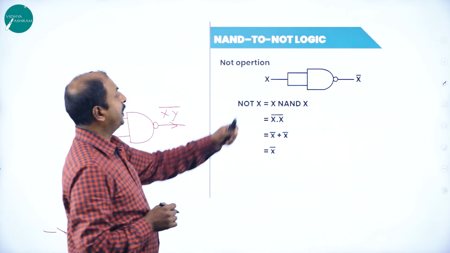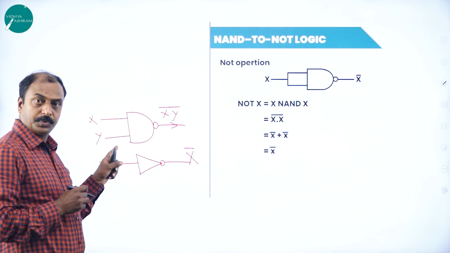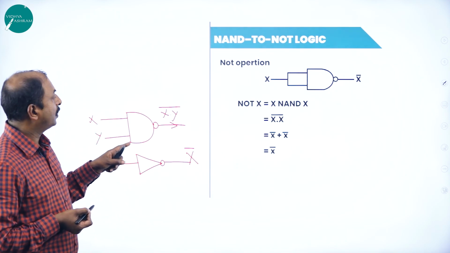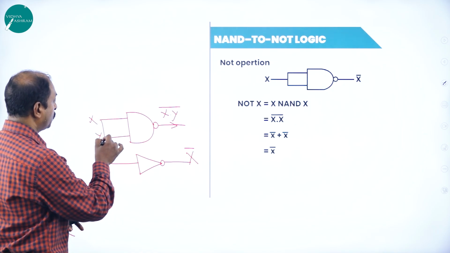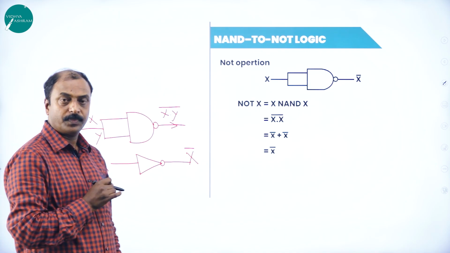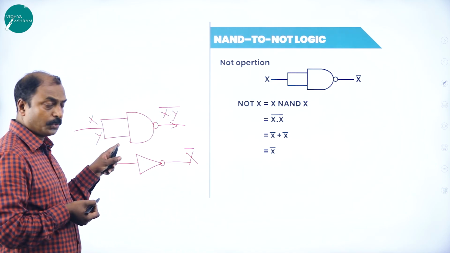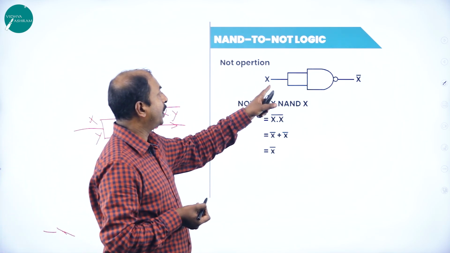See here, this NAND gate will have two inputs, two or more inputs. So, how do we convert it into one input? Normally, what we do is join these two inputs and make it one input. Generally we say we have to short these two inputs or signals so that we get only one output.